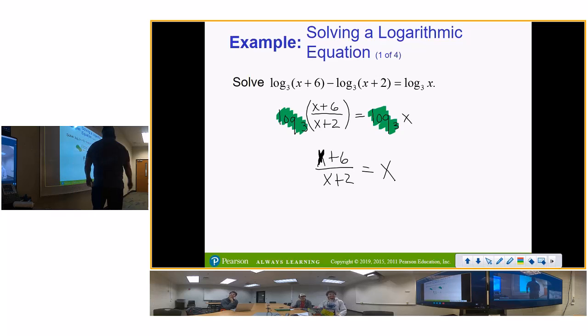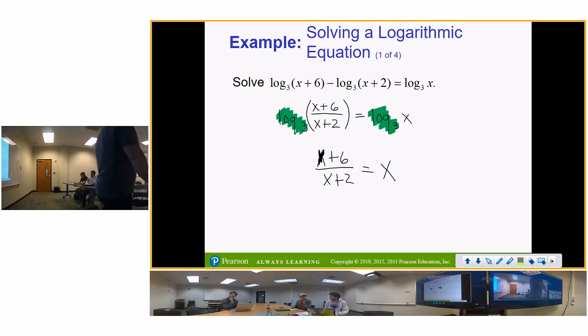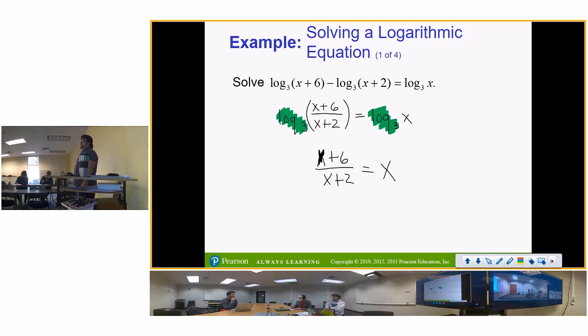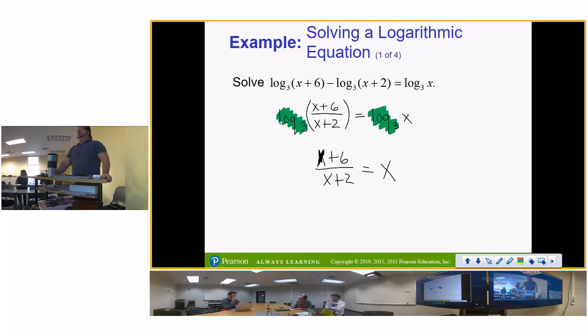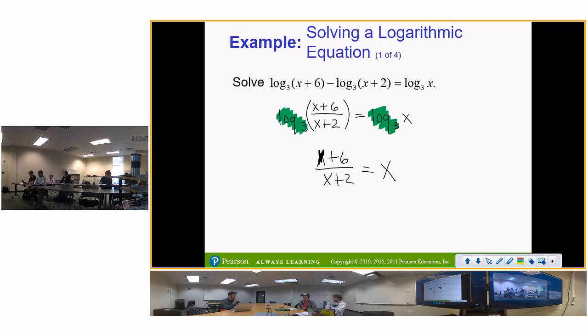Now, of course, you'd probably quit here because you don't know what to do, because you've only been through 3 algebras to get to this algebra. So you probably just go ahead and stare at it for 15 minutes. Exactly. We're going to complete the square. Now, what do you do when you try to get rid of a fraction? You multiply by the common denominator. So I'm going to multiply both sides by x plus 2.